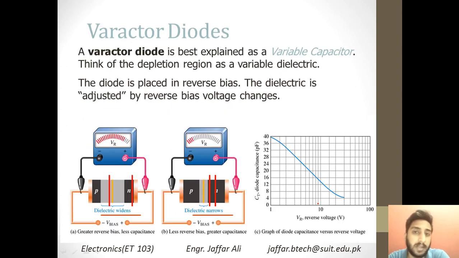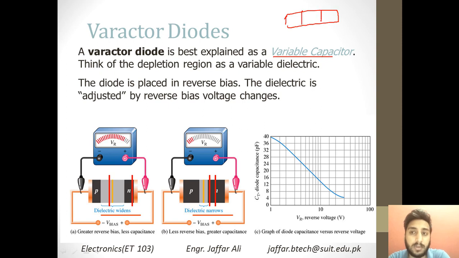Now, the second diode that is really of great importance is termed the varactor diode, and this is basically best explained as a variable capacitor. Think of a depletion region as a variable dielectric. You see that this diode also acts as a capacitor, because you are using a PN junction, and if you want to store some charge in the depletion region, you can do that.